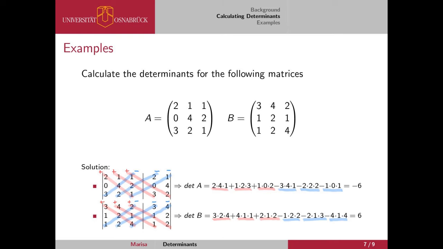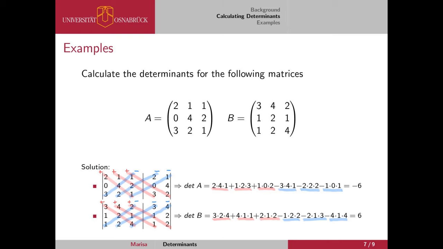And then for the blue diagonals, we do 3 times 4 times 1, and we do this negative, then 2 times 2 times 2, again negative, and then 1 times 0 times 1, negative. In total, if we add this all up, this will yield -6. And as -6 is not 0, this matrix is invertible.